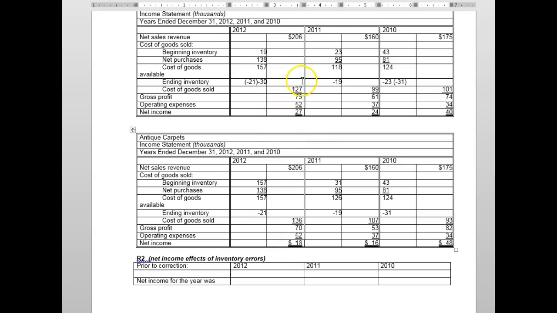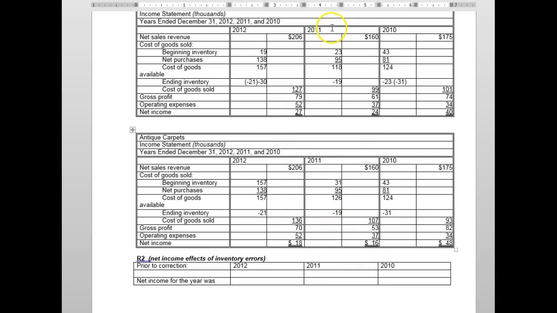Well, you could say, well, it used to be 27, now it's 19 or 18, so the net income in this situation was overstated in the original, and now is setting at 18 instead of 27.